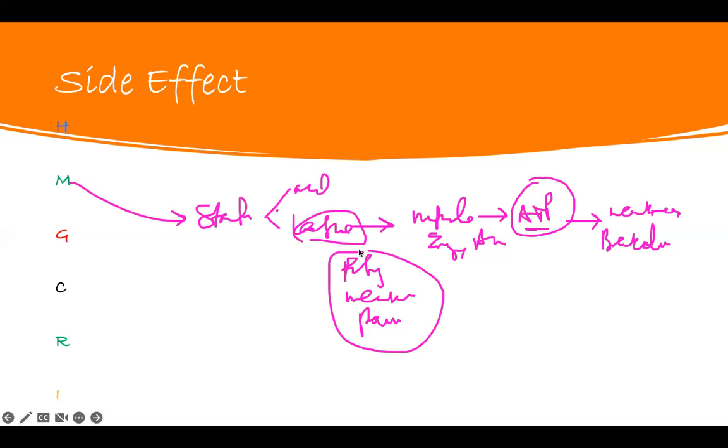When the muscle breaks down, that's what gives you the issues with myopathy. If this progresses, it leads to what we call rhabdomyolysis. So that is the whole idea.